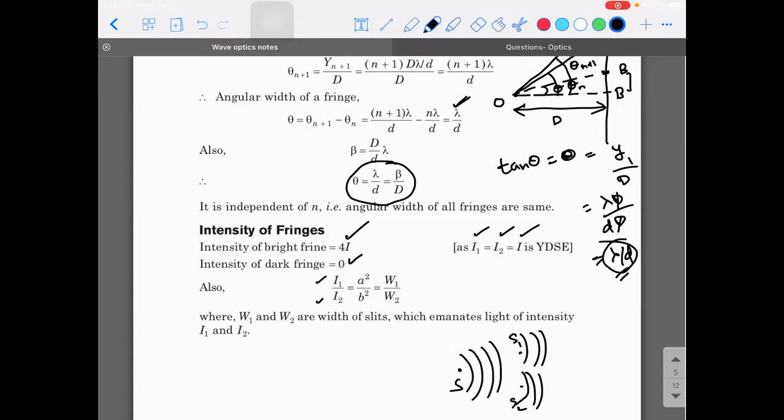Similarly, I1 by I2 is equal to A squared divided by B squared, which is equal to W1 divided by W2. Make a note of this point, where W1 and W2 are the widths of the slits which emanate light of intensity I1 and I2.